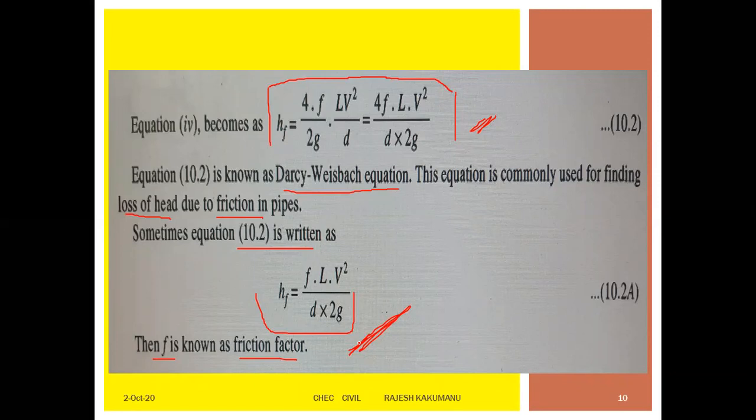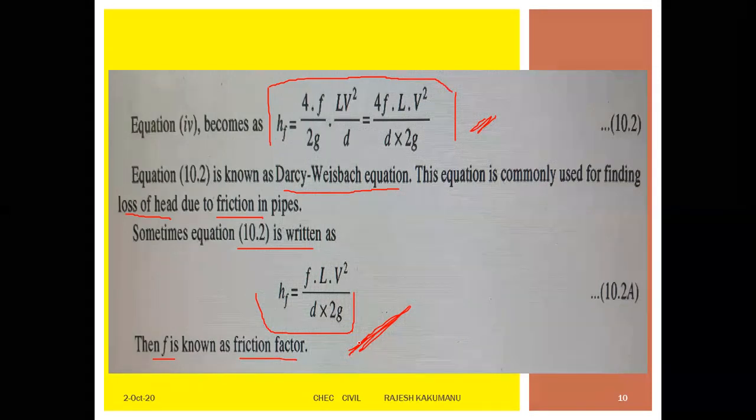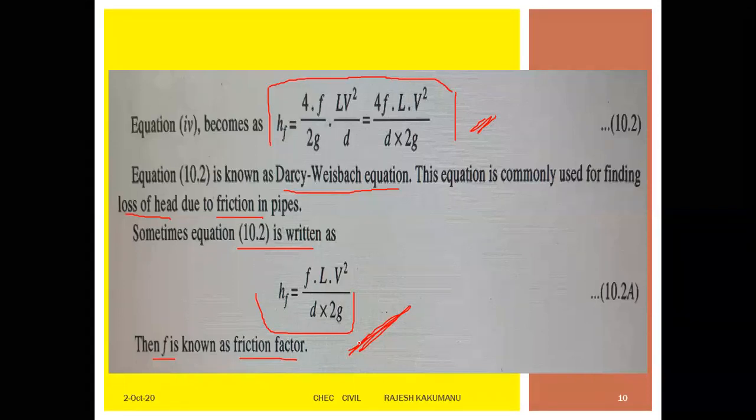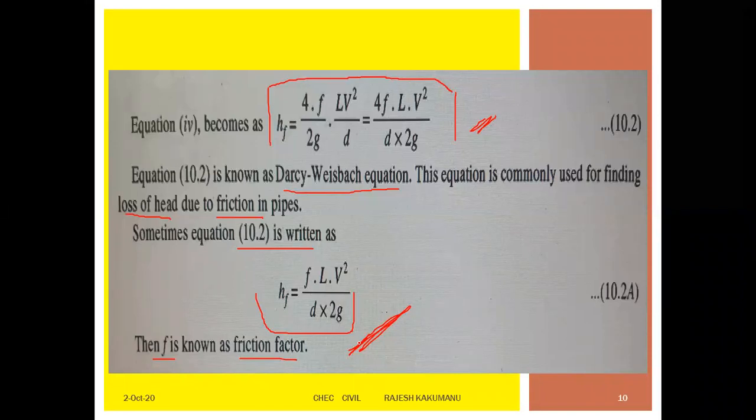So in the next session we will see about the losses in the pipes. So far we have discussed friction losses. In the next class we will see about the flow between parallel plates and the flow through long tubes. For short tubes, the expression will be different. The pressure, velocities and the capacities will be different when compared to long tubes, and also hydrodynamically smooth and rough flows in turbulent flows, right?